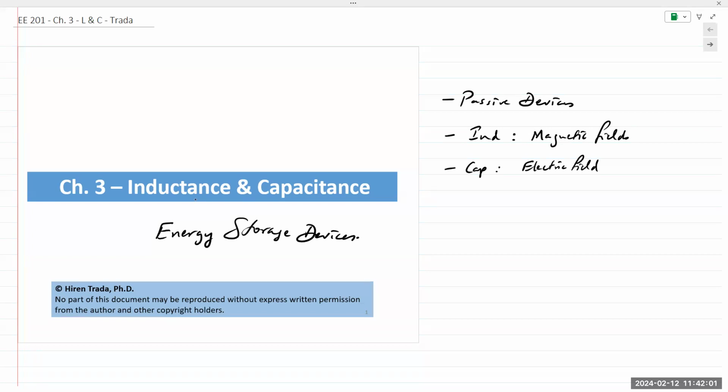The time that it takes for the energy to be transferred completely in both directions depends on the size of the capacitor and the circuit configuration. So in chapter 3, we'll simply look at the voltage and current equations and then power and energy. But in chapter 4, we will look at the equations during the energy transfer process.